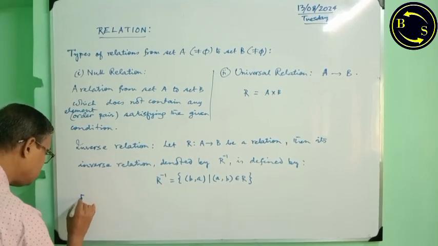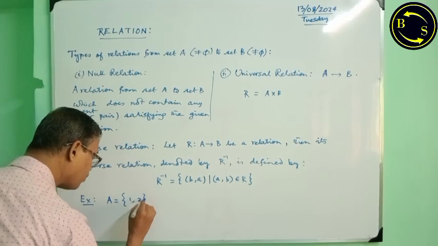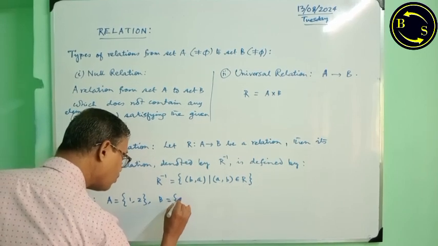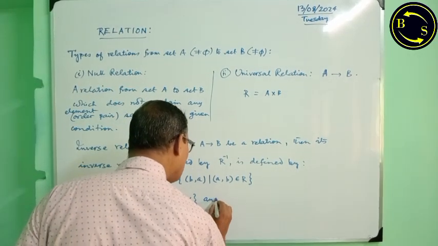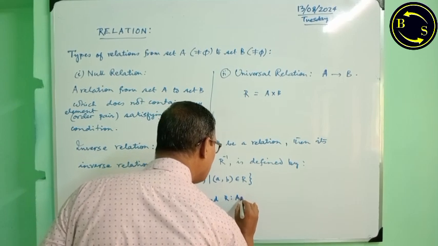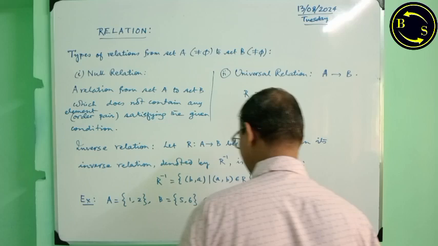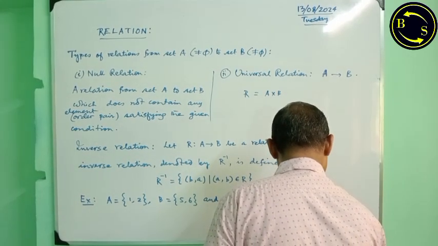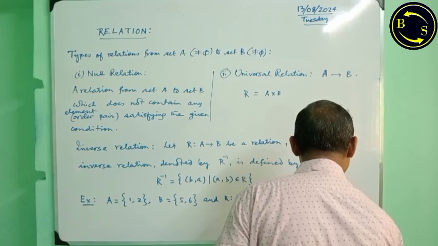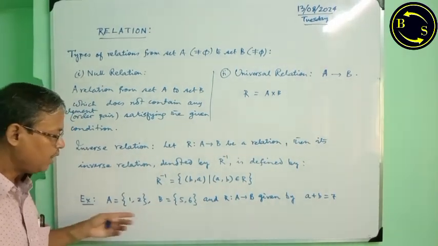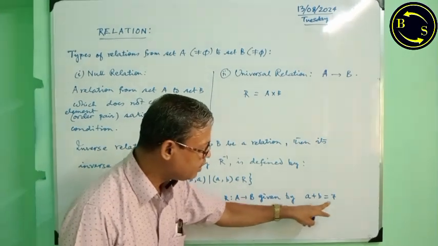We take an example. A has members 1, 2, B has members 5, 6, and a relation defined by A plus B equal to 7.